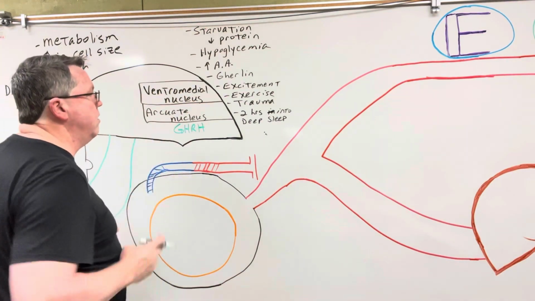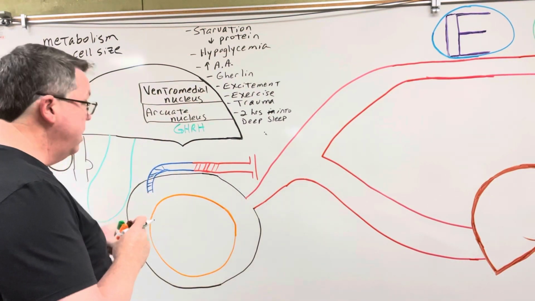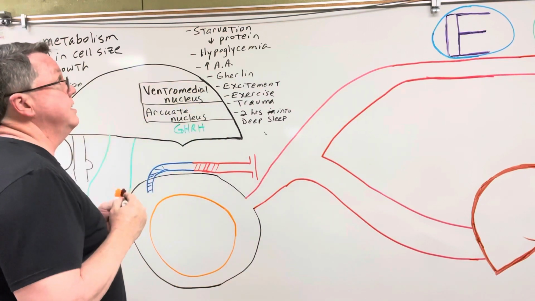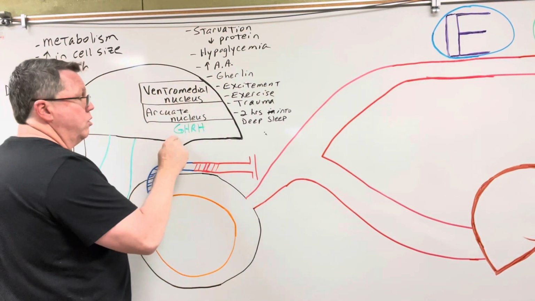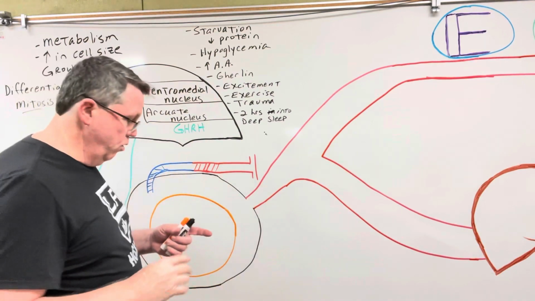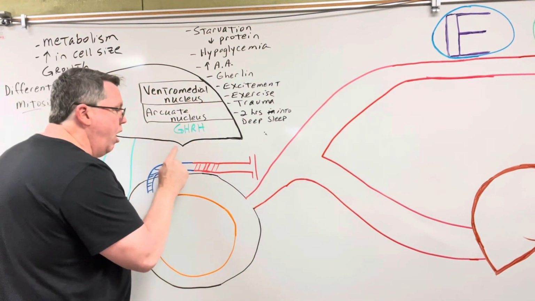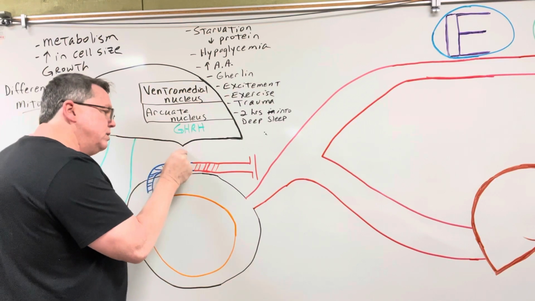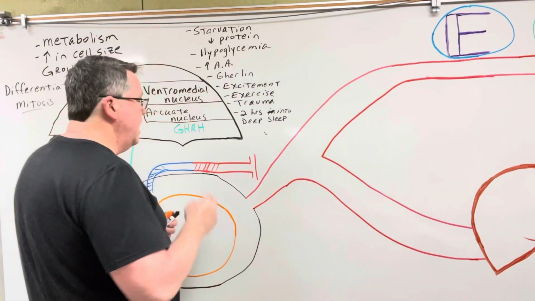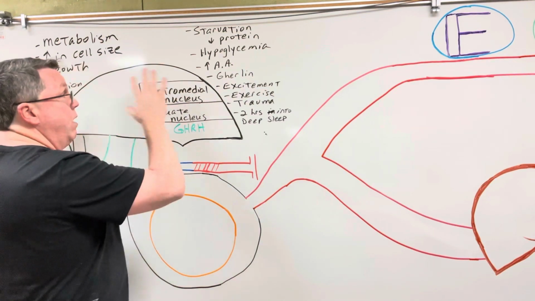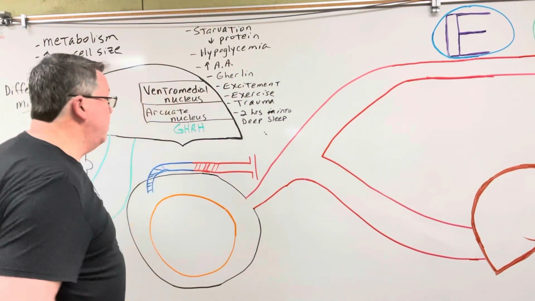So now let's take a look at what's going to happen here. Let's say one of these things happens, and these nuclei secrete growth hormone releasing hormone. If you recall, there's a little area that comes down where the growth hormone releasing hormone enters the blood, called the median eminence. But before we even get there, let's describe what we're looking at.